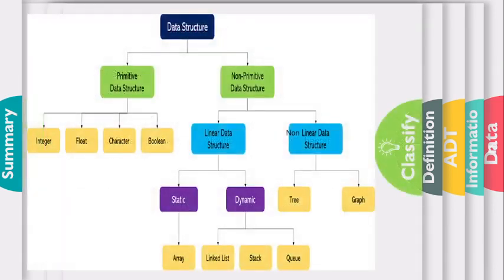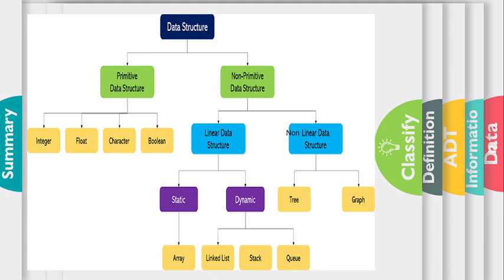Here is the classification of data structures. As we know, there are two types of data structures: primitive and non-primitive. The primitive data structures have four types: integer, float, character, and boolean. And non-primitive data structures contain linear data structures and non-linear data structures. In linear data structures, there are two types of memory allocation: static and dynamic.